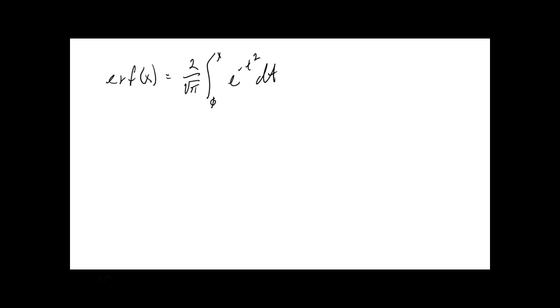Yet you use it all the time. You benefited from it last term. This describes a bell curve. That's how your 39 became a C. Because of this function right here. What they did was standard deviations and stuff like this.